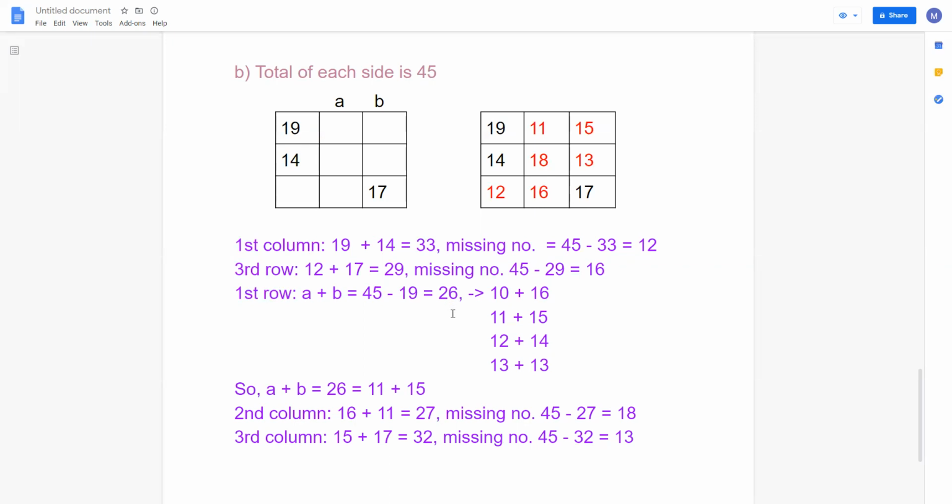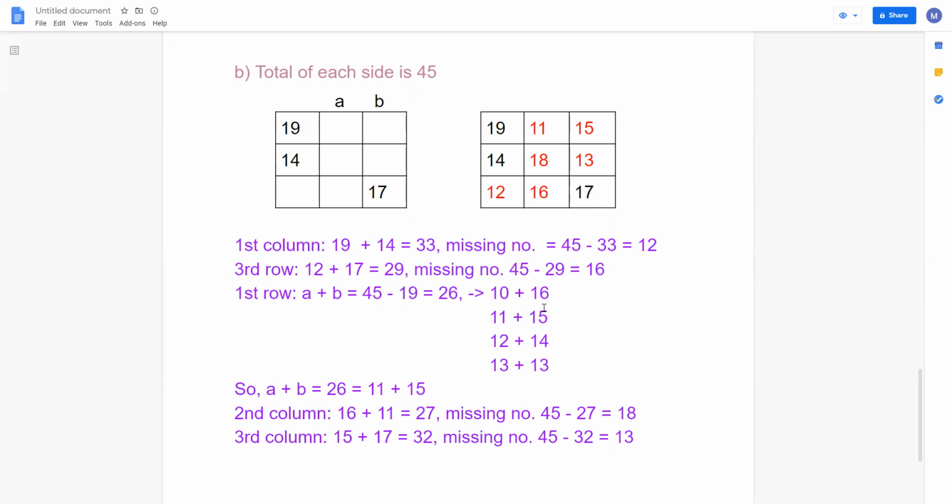But we don't know what the numbers are. 26 can come in different ways. I have shown the ways whose sum will give 26. See, here all are two-digit numbers. So I have taken all the possible pairs of two-digit numbers whose sum equals 26. The first two-digit number is 10.